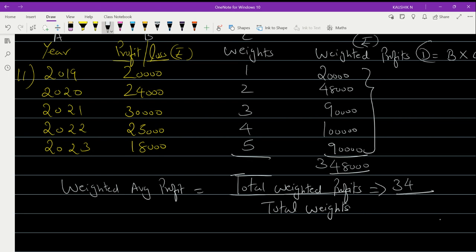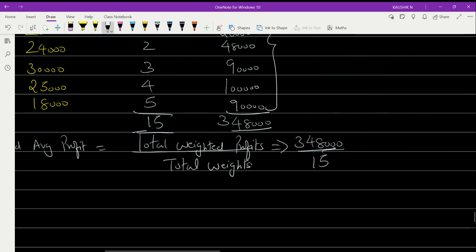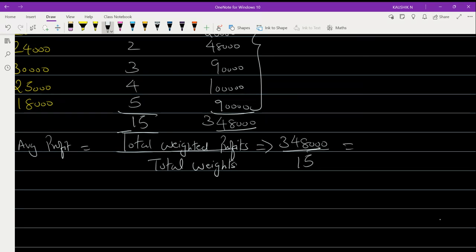Now calculate for total weights. 15, sir. Very good. So when you divide this value 3,48,000 by 15, how much will you get? Calculate that. That is your weighted average profit. How much are you getting?